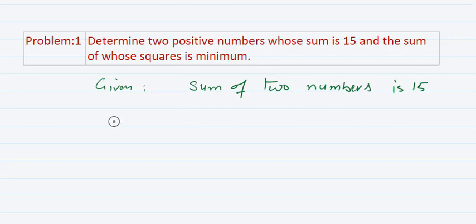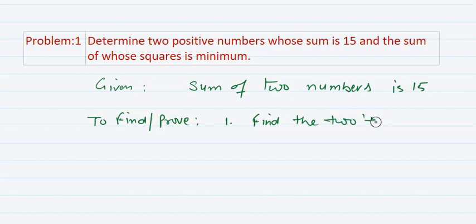Next is to find or prove. Here we need to find the two positive numbers, because it is saying determine two positive numbers. So the very first thing is to find the two positive numbers.